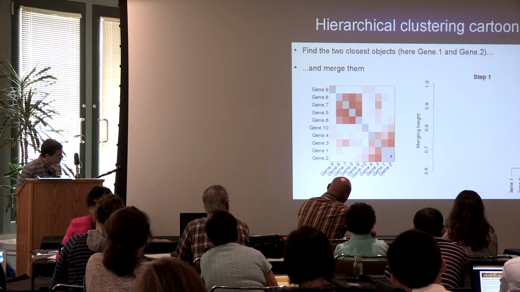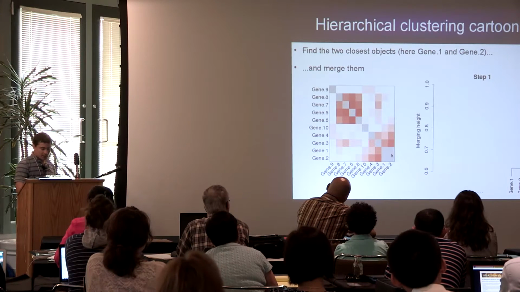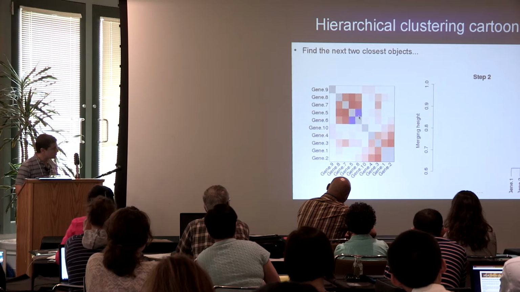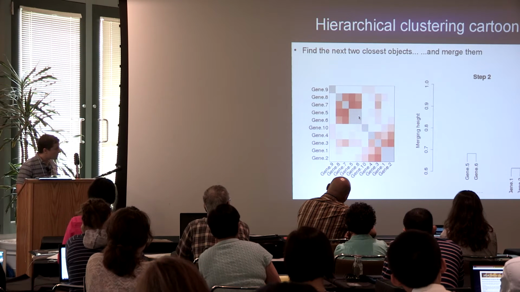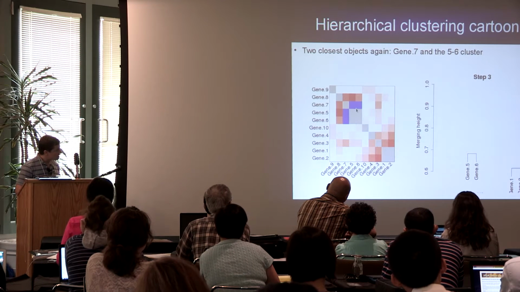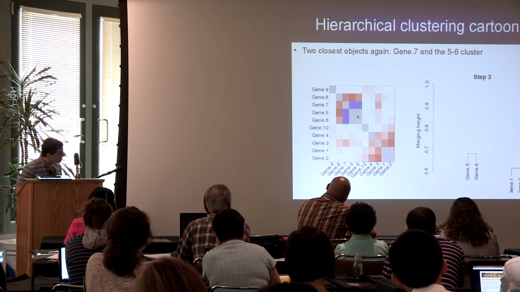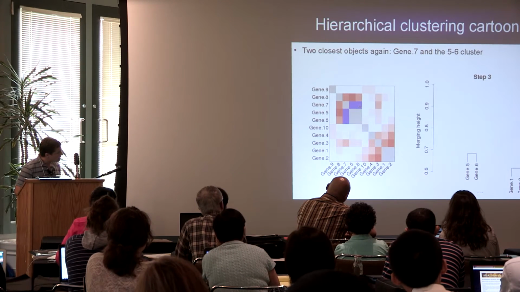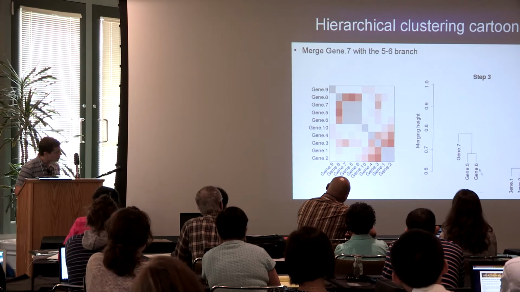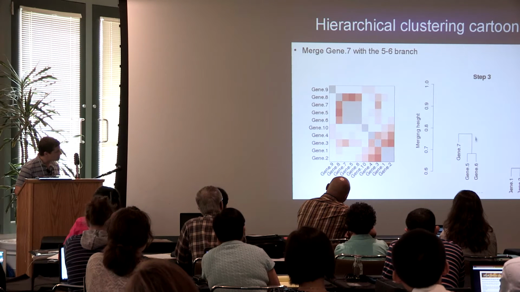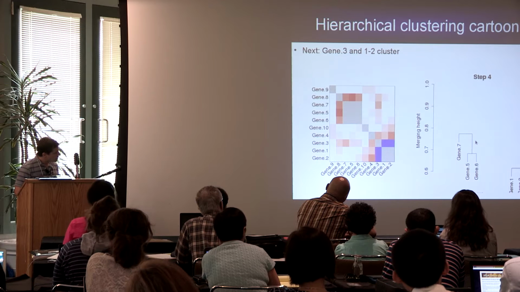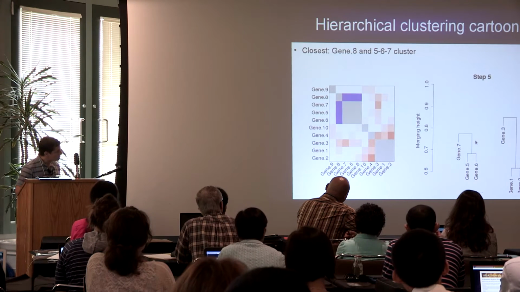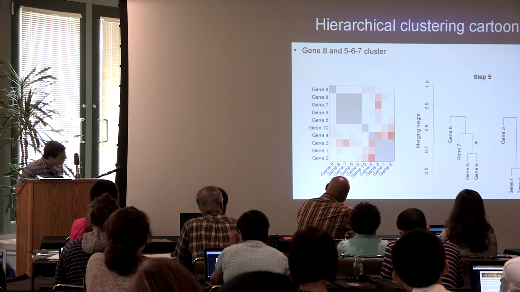So we merge these 2, they're now one object. In the next step, we find the 2 closest objects again, which just happen to be these 2, and we merge them. And again, 2 closest objects, and now it just so happens that the 2 closest objects are this small cluster and another gene. So that small cluster gets merged with this gene here. And again, we find the closest 2 objects, we merge them, closest 2 objects and merge them.